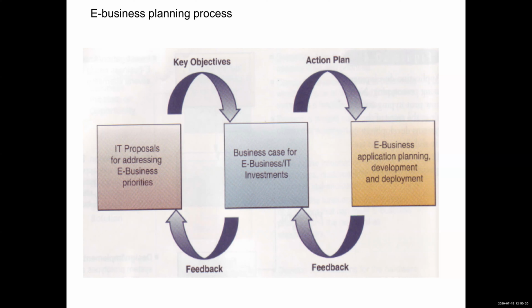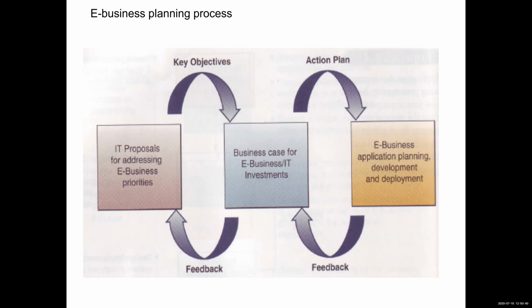Now, if it makes business sense, then the business case is good and therefore can be implemented. Then you now have the action plan of how you're going to develop or implement the e-business application, the planning, the development, and the deployment.